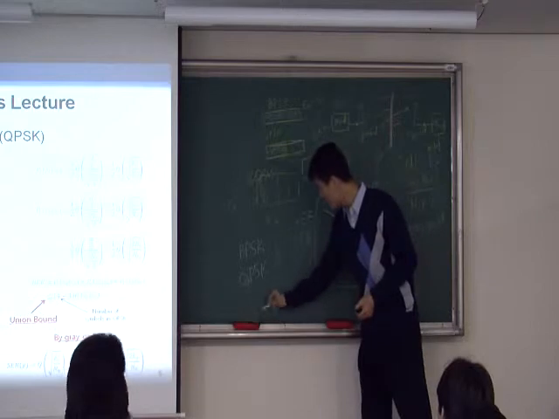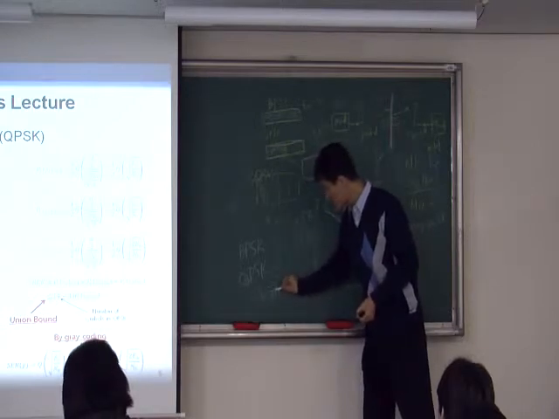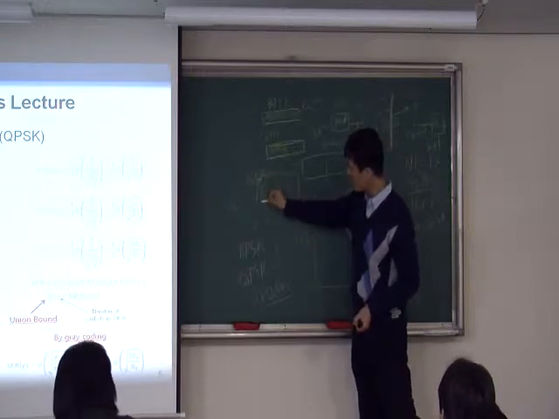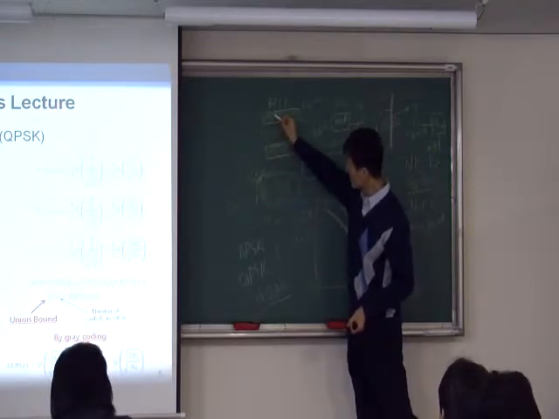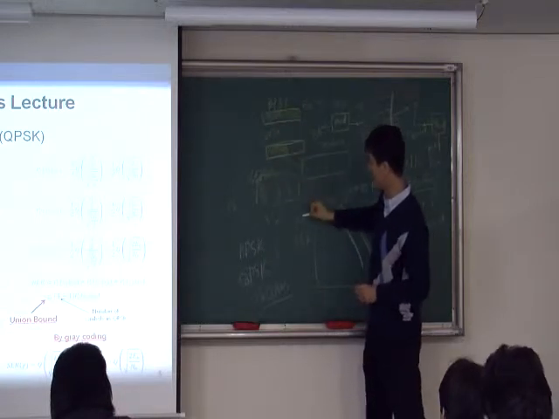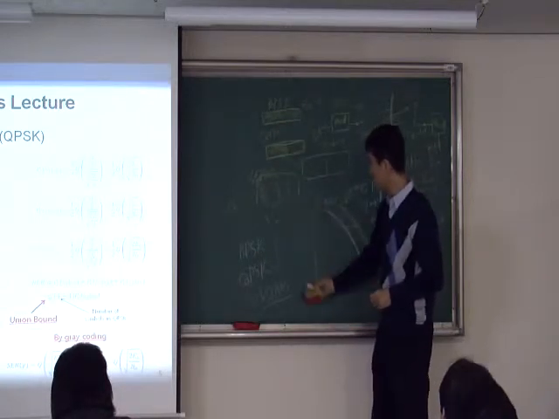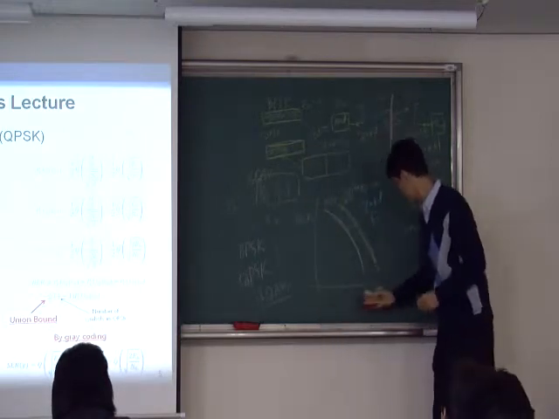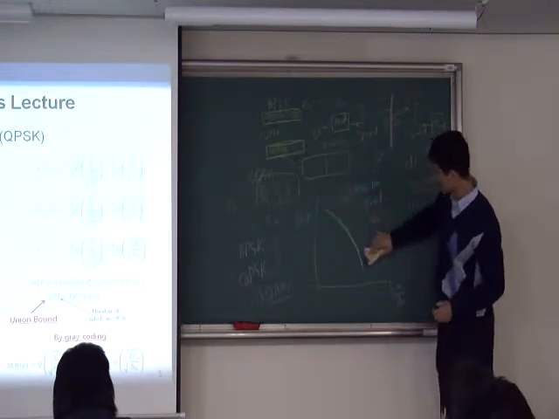Whereas if you use 16 QAM, we can do the same way. I just fix the EB, okay? Same as BPSK. I want to compare the EB, and I want to plot the BER versus EB over N0. Okay?